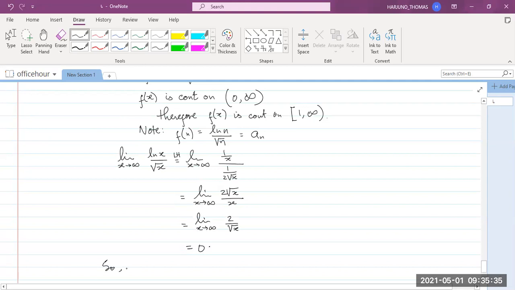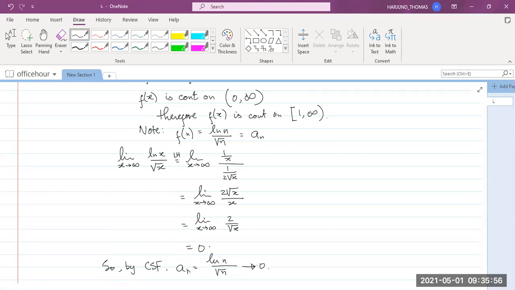So by the continuous superposition function, a sub n, which is natural log of n over square root of n, goes to 0. Okay.